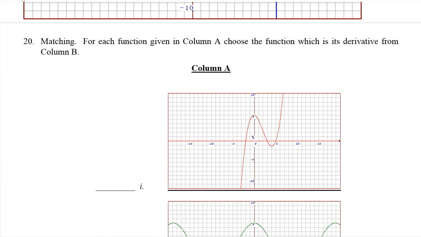Here we see a local maximum, so the derivative is going to be 0 right there. Here we see an increasing function, so the derivative is positive here. Here we see increasing, so the derivative is positive there. Between, we see decreasing, so we see a negative derivative. It changes from concave down to concave up somewhere in here. It's going to have this rough shape here.